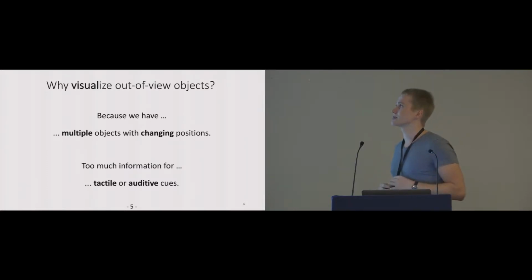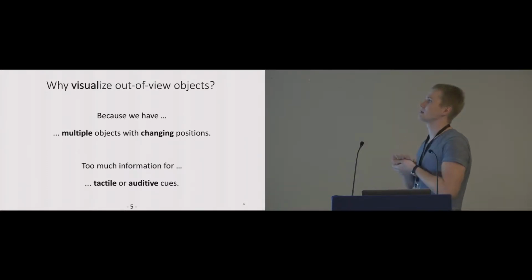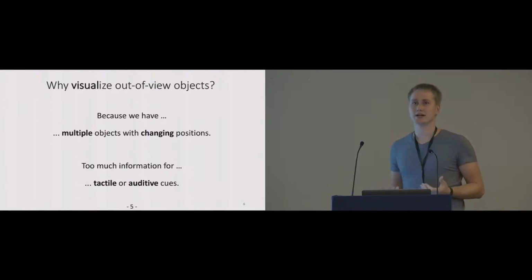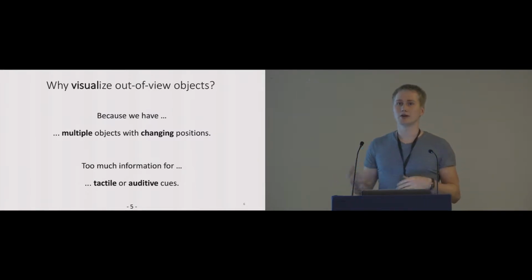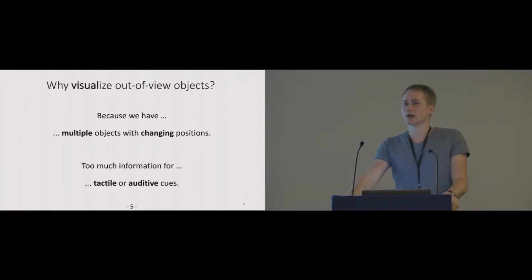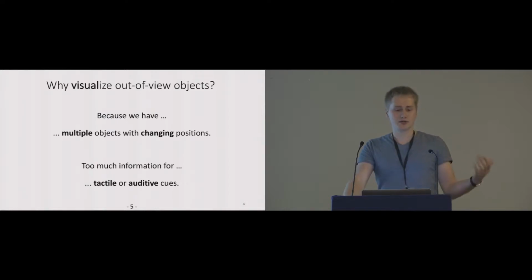So that brings me to the question, why would we try to visualize these objects? One could also argue, okay, you can use tactile or auditive modality, even combine them, to somehow show where these objects are. But since in most of our scenarios we have multiple objects which have changing positions, imagine the driving scenario, a car is quickly approaching, so it's changing position really fast.